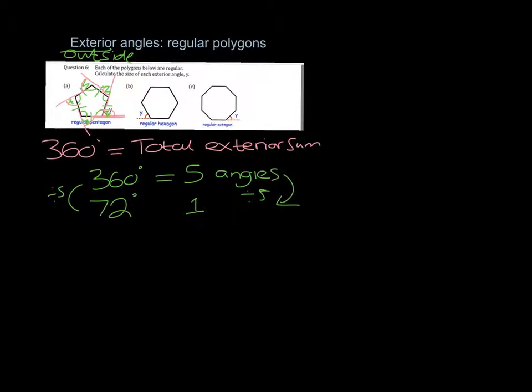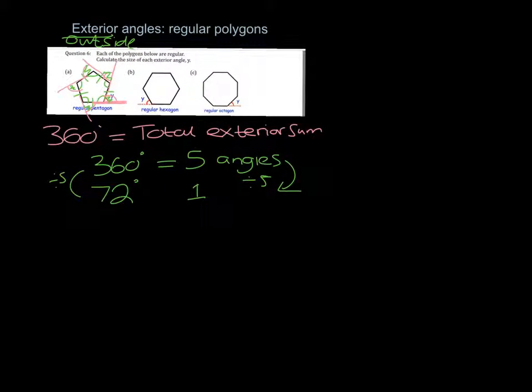So we could do the same again on the second example. So if we look at it, this one's a hexagon, and this time the angle just happens to be facing the other way, so it doesn't matter which way around you go as long as you keep going the same direction. So if I turn through that angle and then follow it around that way and so on, all together, because it's a 6-sided shape, there would be the 6 angles making that 360 this time.